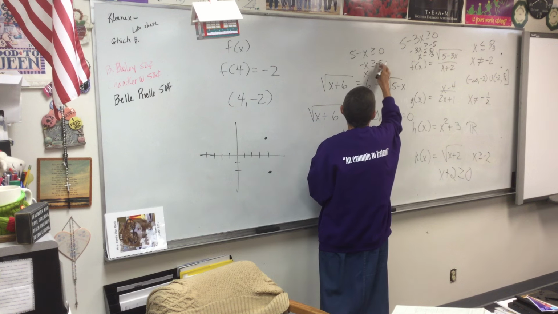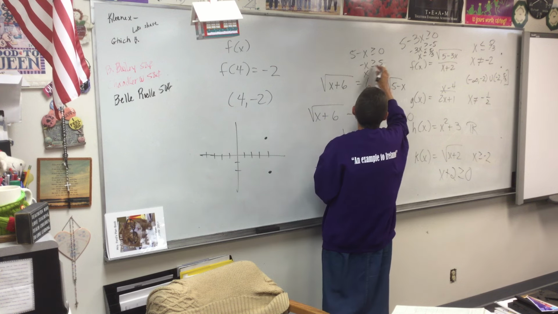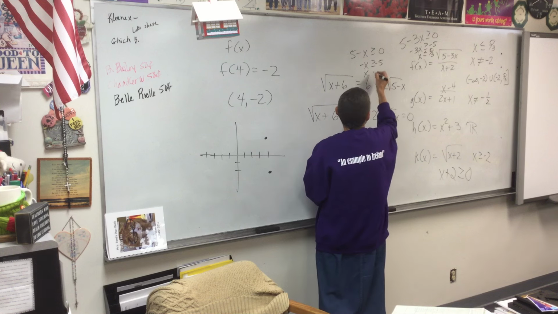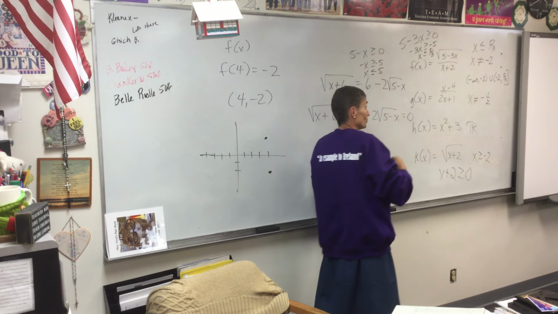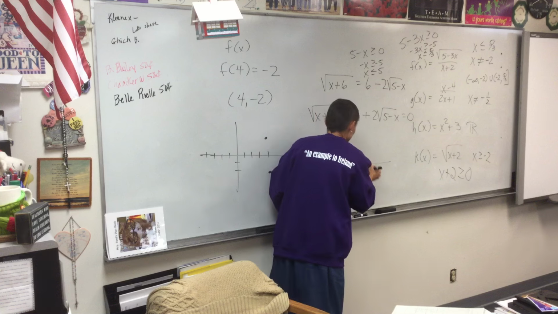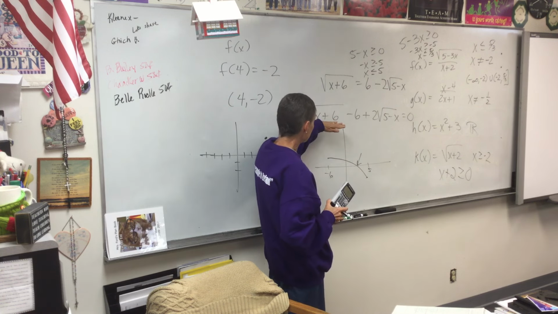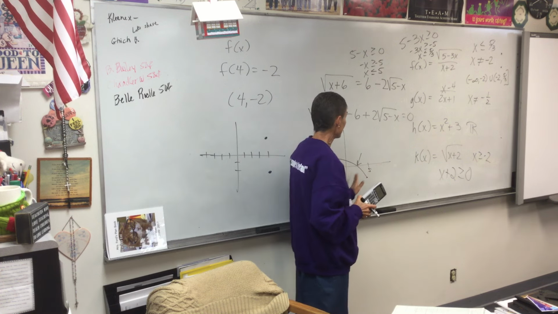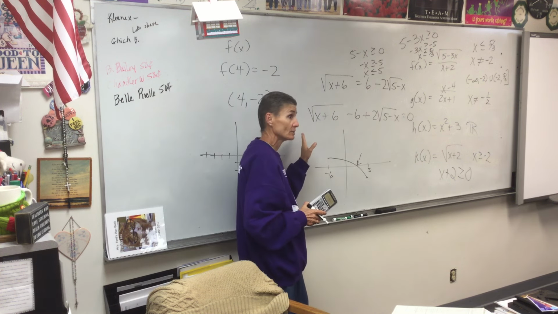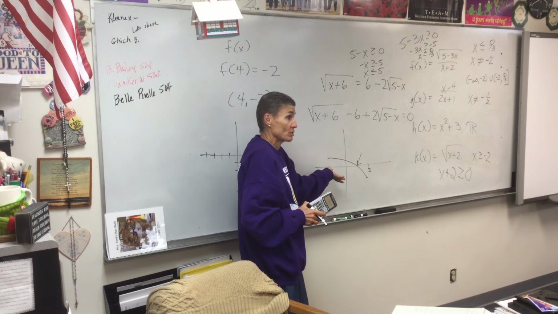So that says x is less than or equal to 5. So guess what this point is right here? 5. This domain is bigger than -6 and less than 5 because of the radicals. So that is the whole picture.